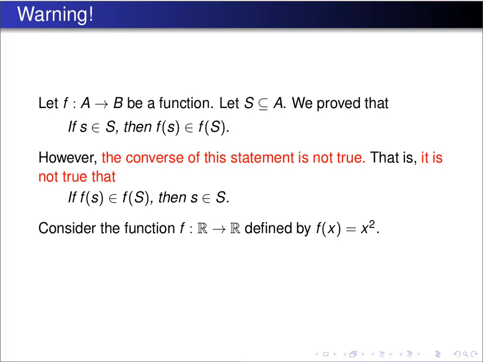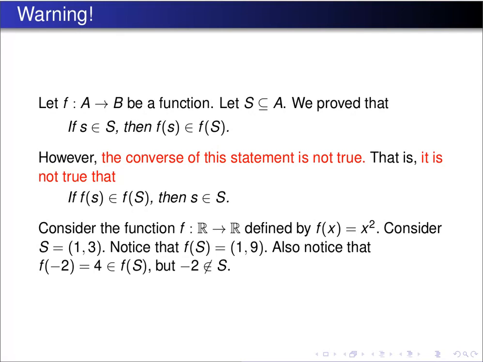So for example, consider the function from the reals to the reals defined by f(x) is equal to x squared. And consider the interval [1, 3]. So suppose S is the interval [1, 3]. f(S) is the interval from 1 to 9. f(-2) is equal to 4, and that's an element of the image of S under the function f.